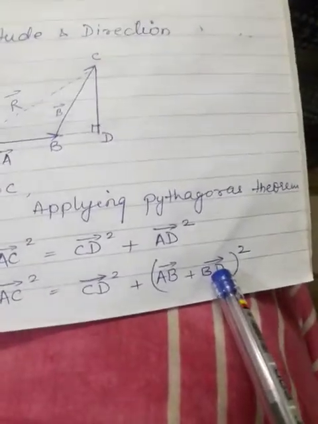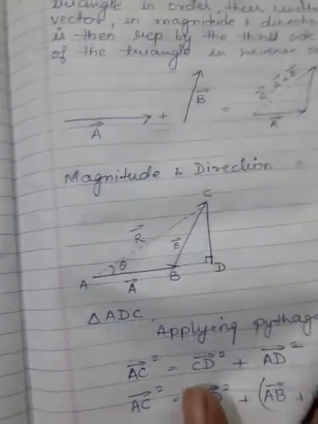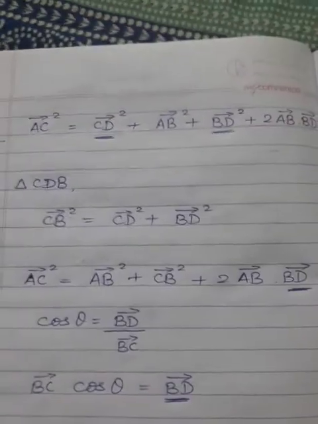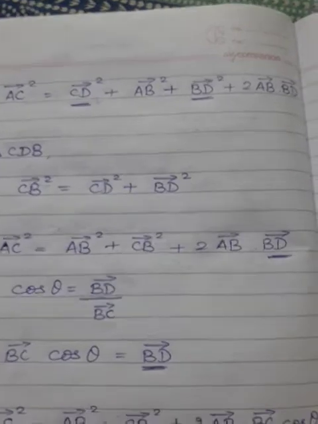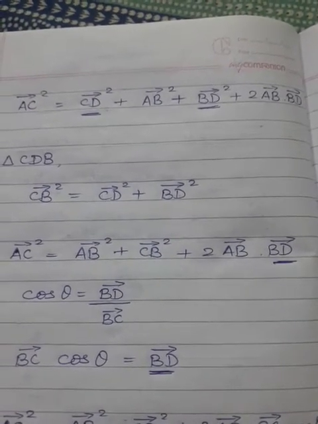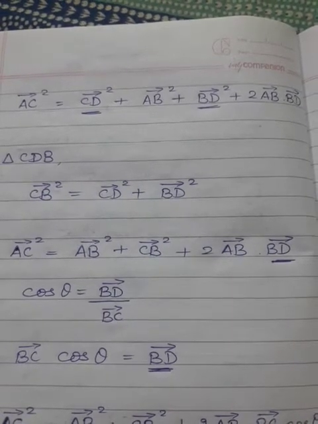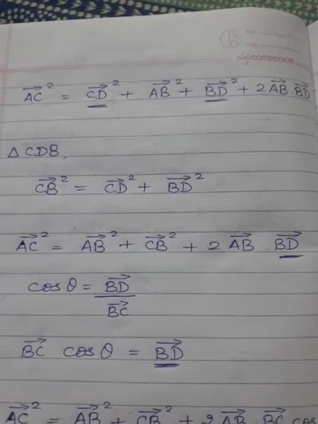Now we further continue. If you use the formula of (A plus B) whole square and expand it, you get vector AC square equals vector CD square plus vector AB square plus vector BD square plus twice vector AB into vector BD.